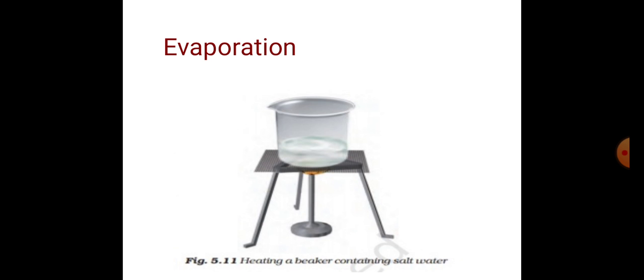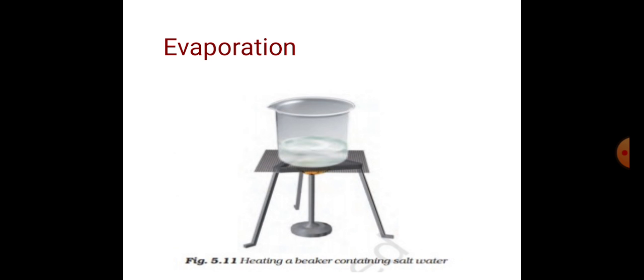We can do an activity to understand this process better, and for this activity we have to take common salt, water, a china dish, Bunsen burner, tripod stand and wire gauze. First, we have to take 1 teaspoonful of salt, or whatever quantity you want, and some quantity of water.